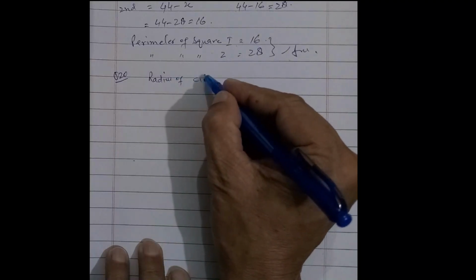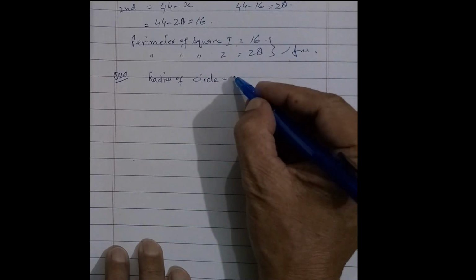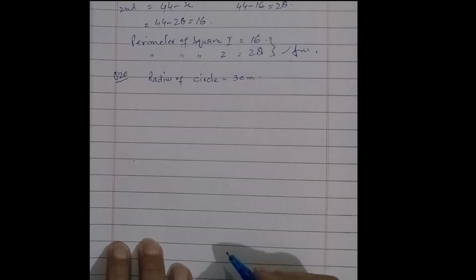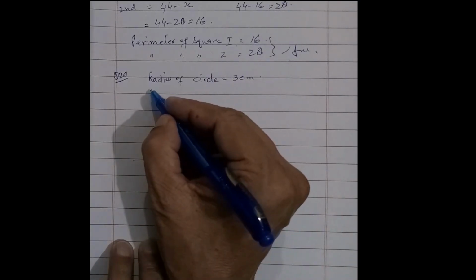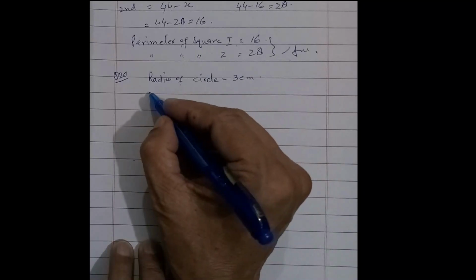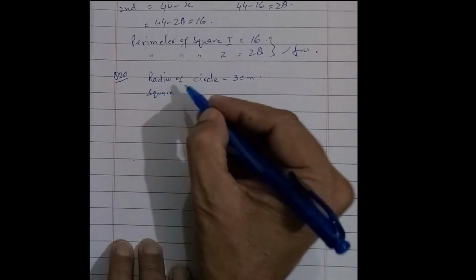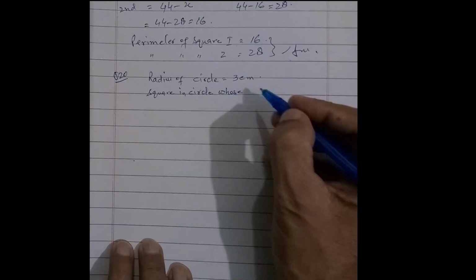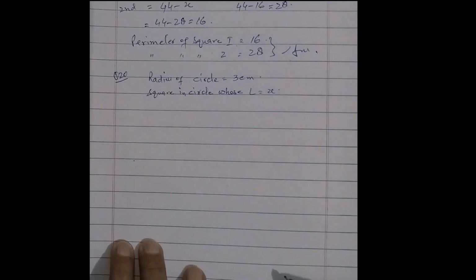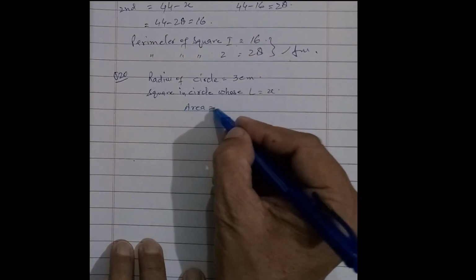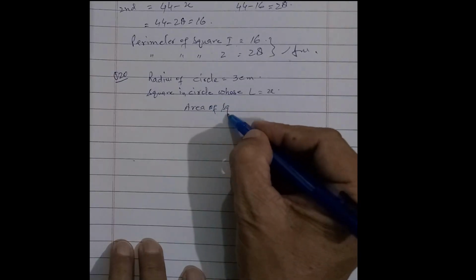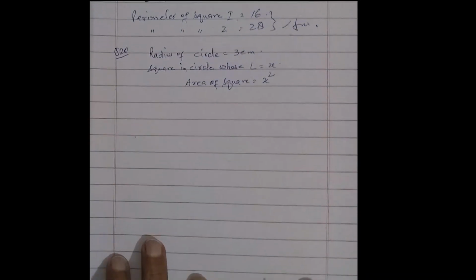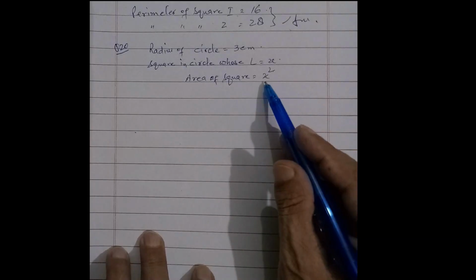The radius of the circle is equal to 3 centimeters, and the square in the circle has length x. The area of the square is equal to x square, because the square has the same length and same width, so its area is x square.